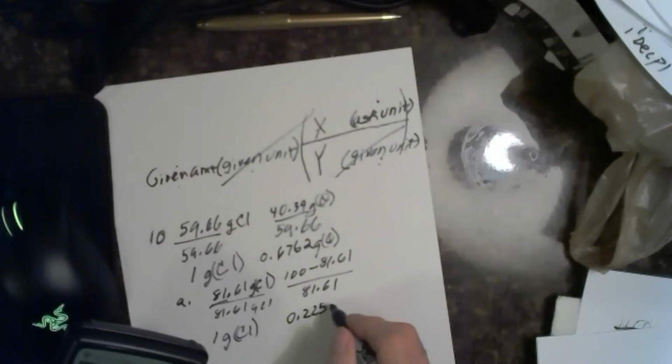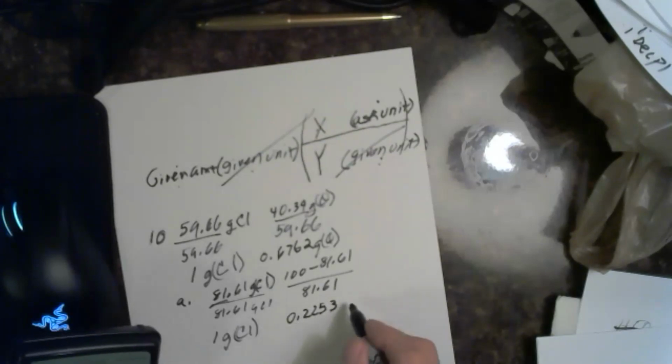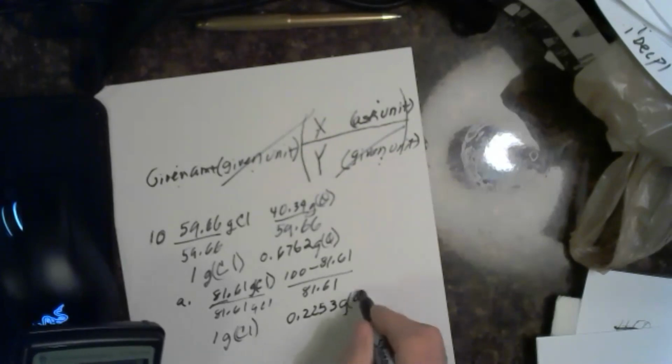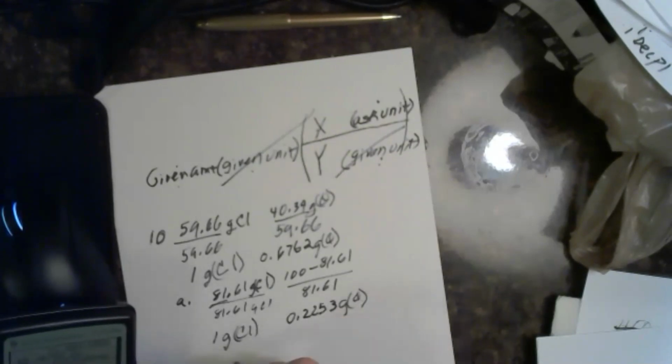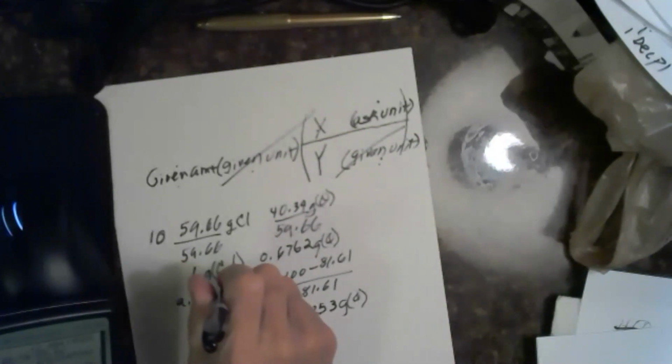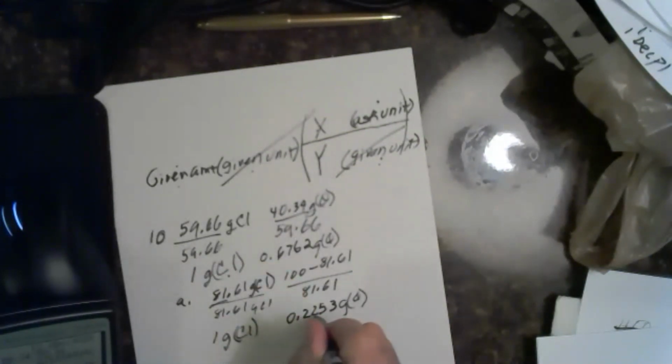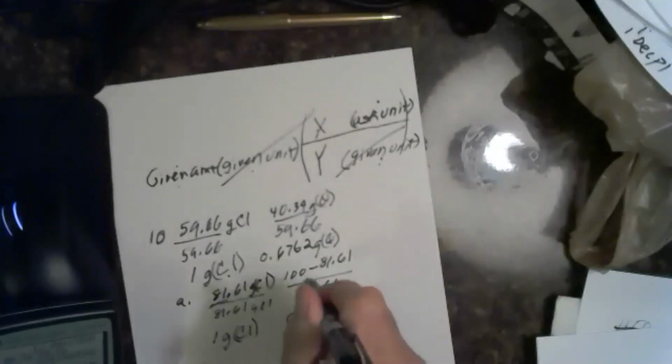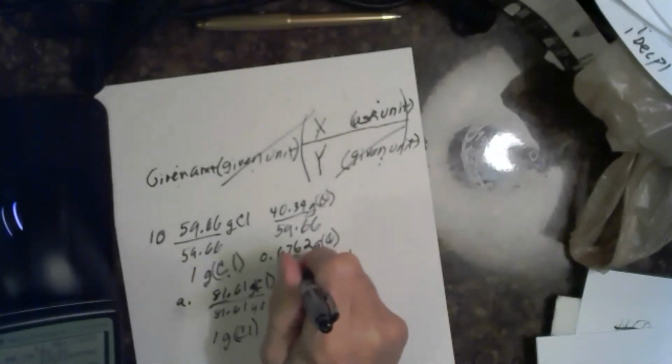The next digit would be a 3. Then I just dropped the 4. Okay, so grams of oxygen. Now, if this one is correct, I've got the same amount of chlorine in this as in the reference compound, but I've got this much in the A and this much up here.